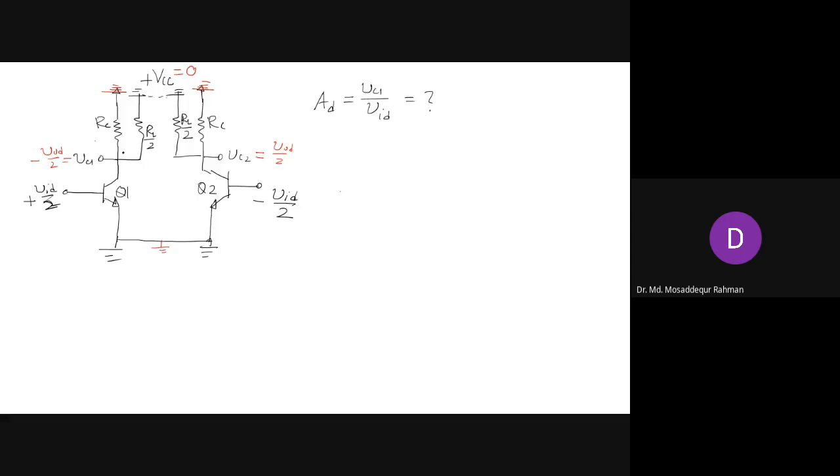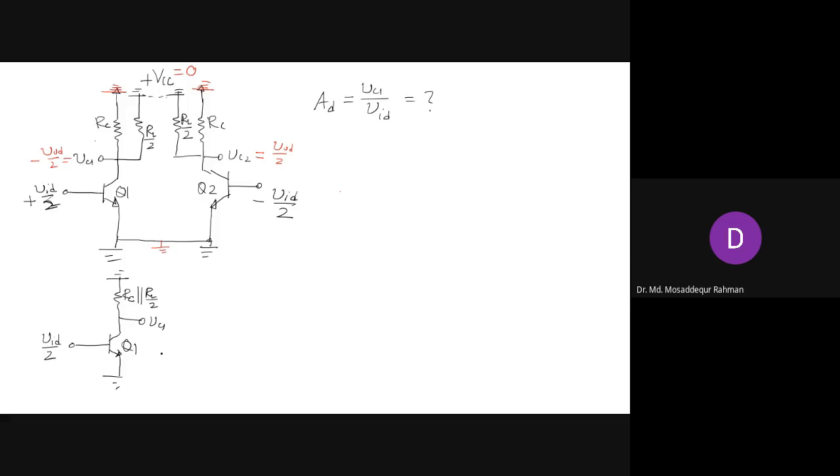Now what is clear from this diagram is that RL basically comes in parallel with RC. So if you want to draw the differential half circuit, we can show it like this: the emitter going to ground, and then you have voltage VID by 2 at the base of Q1, and then we have here RC, which will be in parallel with RL by 2, and this is the voltage VC1.